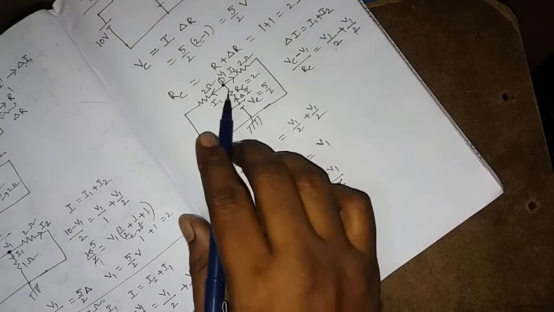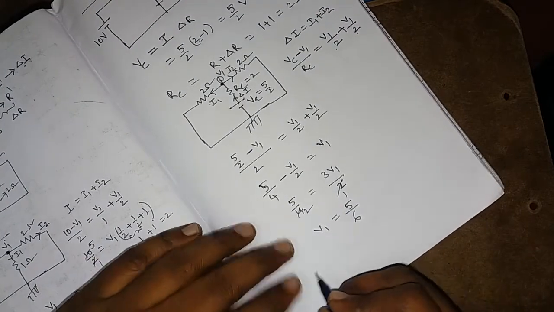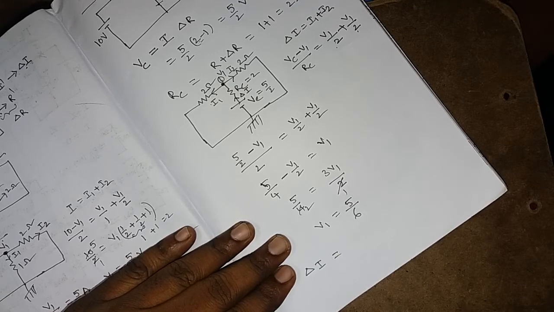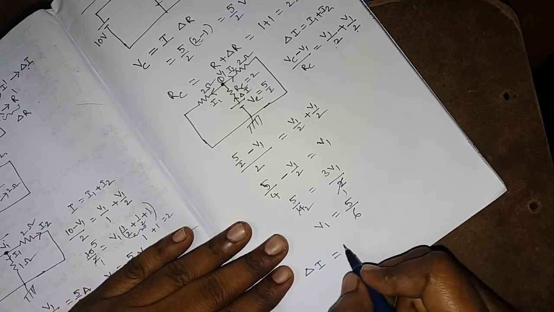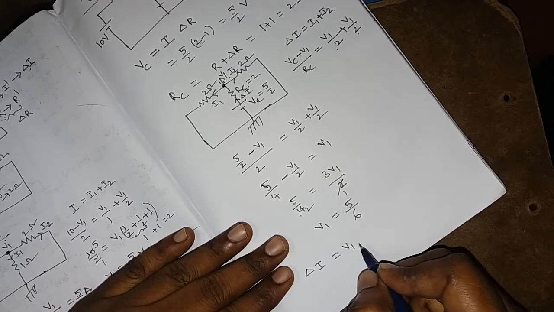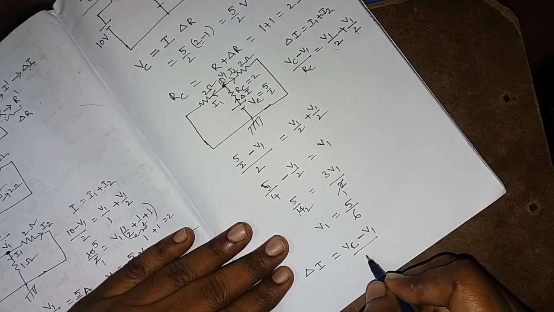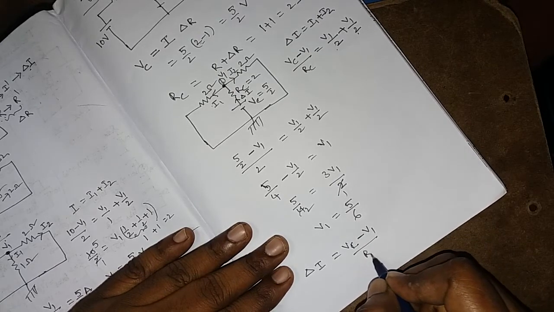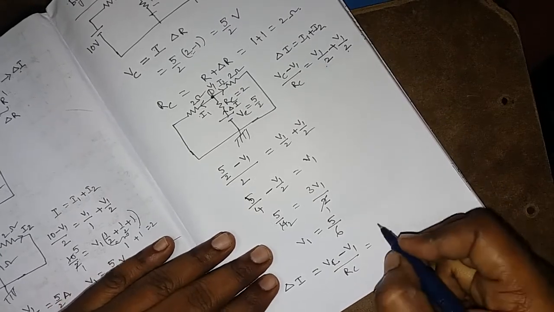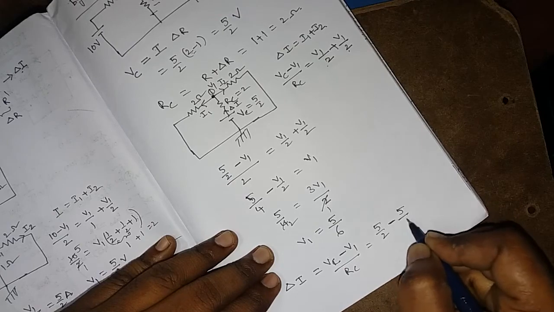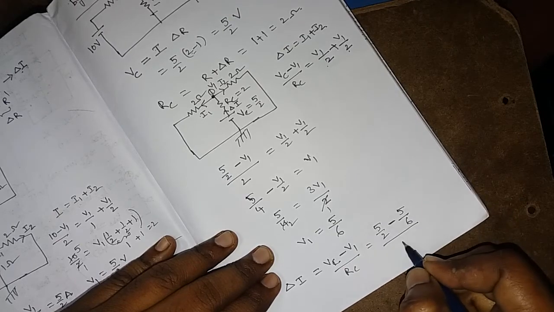Now how much current is here? Delta I is equal to VC minus V1 by RC. VC is 5 by 2, V1 is 5 by 6, divided by 2.